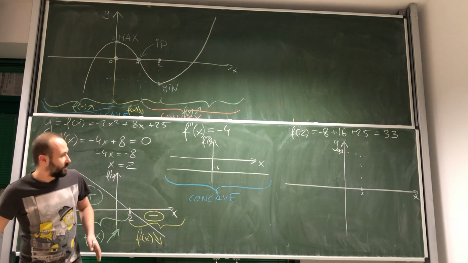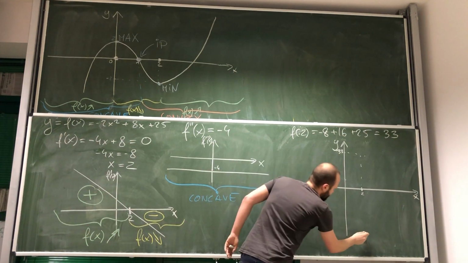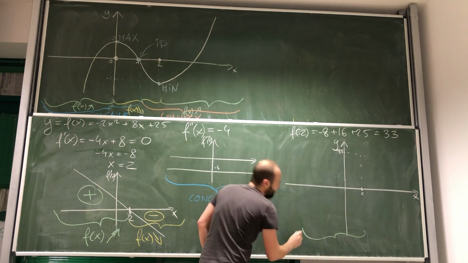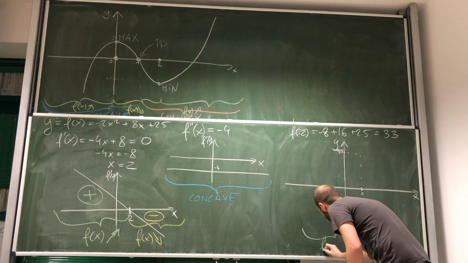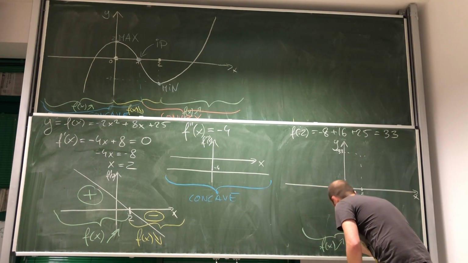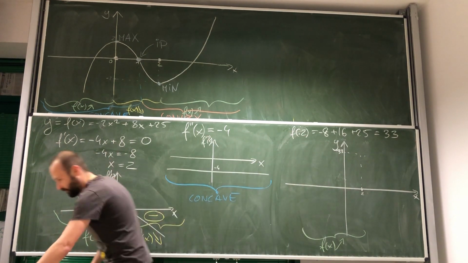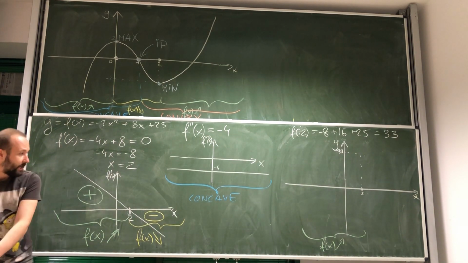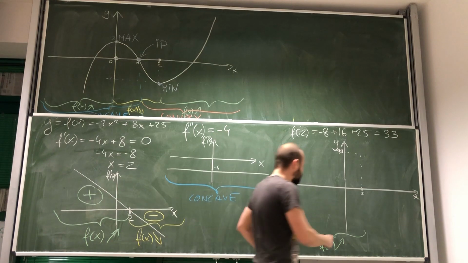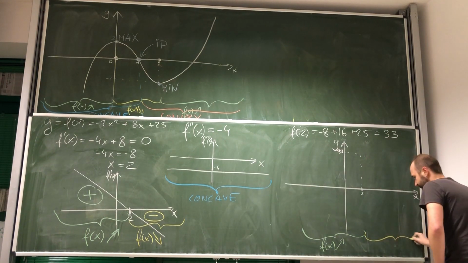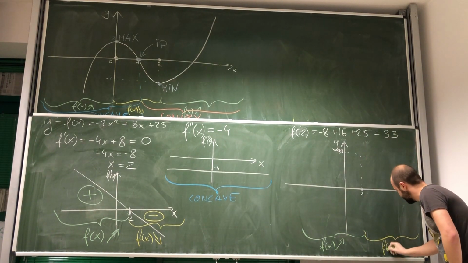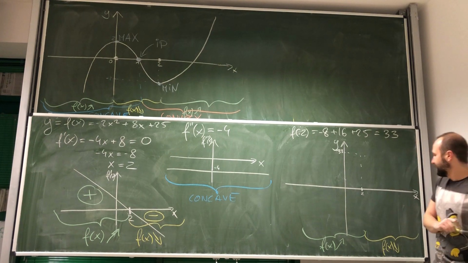Okay, what else do we know? We know that over here, so from -infinity to 2, the function is increasing. Then, from 2 to positive infinity, the function is decreasing.